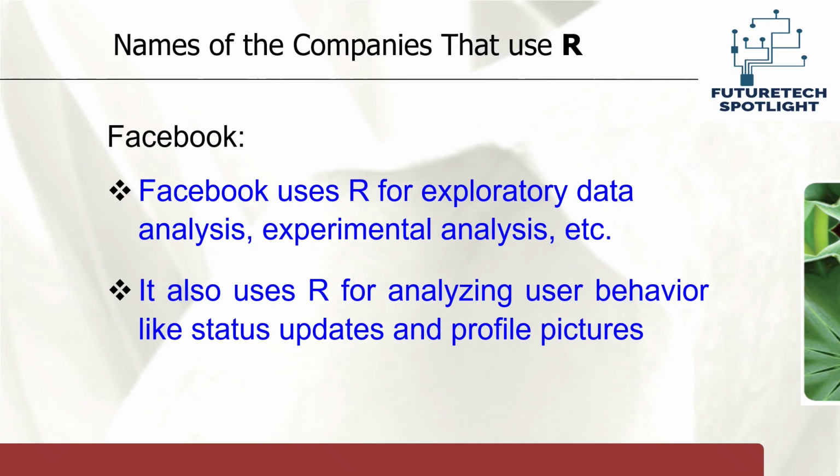So that way Facebook is selling your data to the industry, where that industry will target you as a customer. That is what they are doing with our data, and for that they are using what? R.